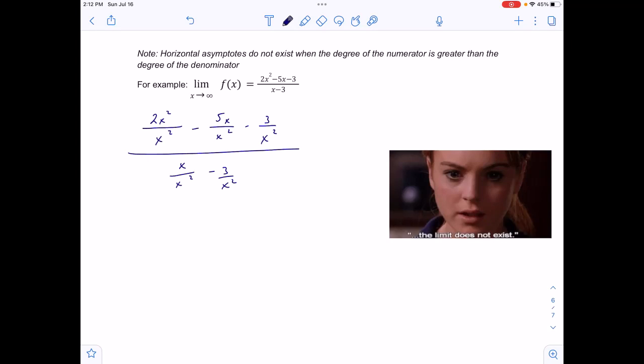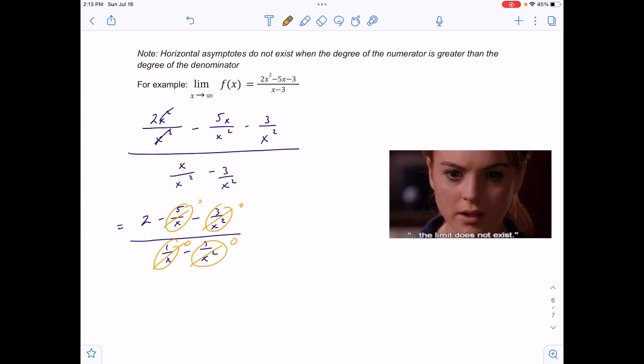I'm going to simplify where I can. I have a 2, and then 5 over x, and then 3 over x squared, divided by, this will be 1 over x minus 3 over x squared. For all of these terms, they're going to go to 0, right?